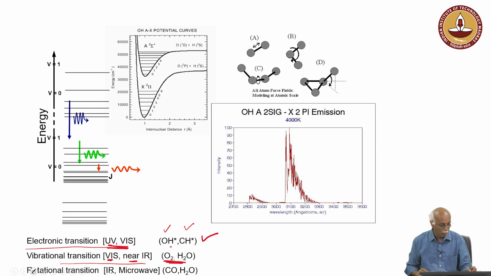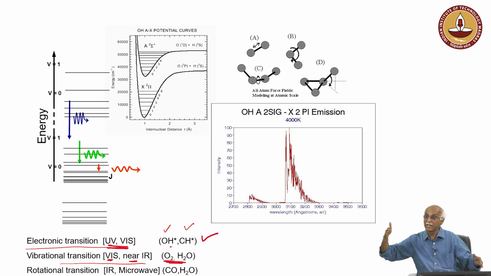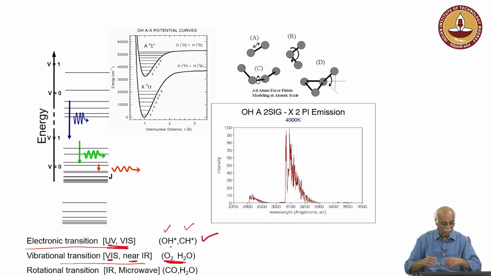Rotational transitions are also possible, but the frequencies will be small and wavelengths large enough: infrared, near infrared, terahertz and microwave. Some of the molecular transitions will be of that order of energy absorption.